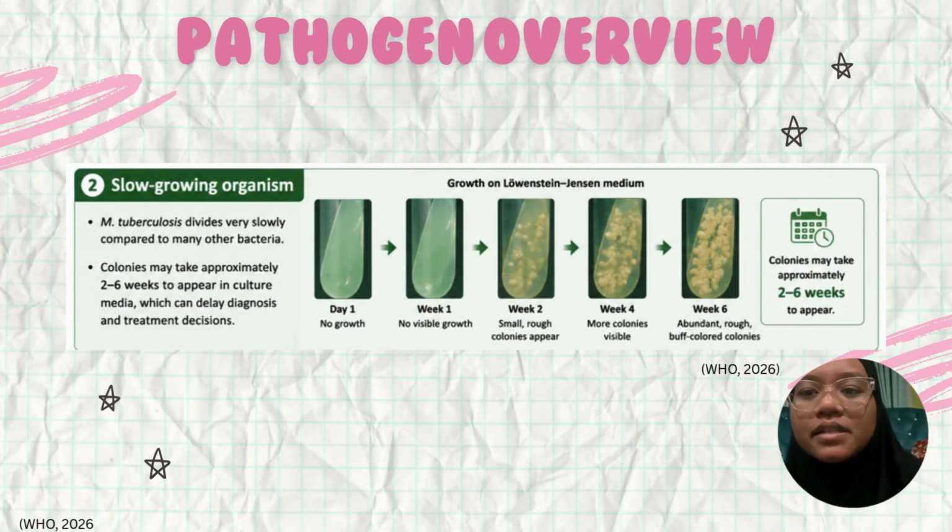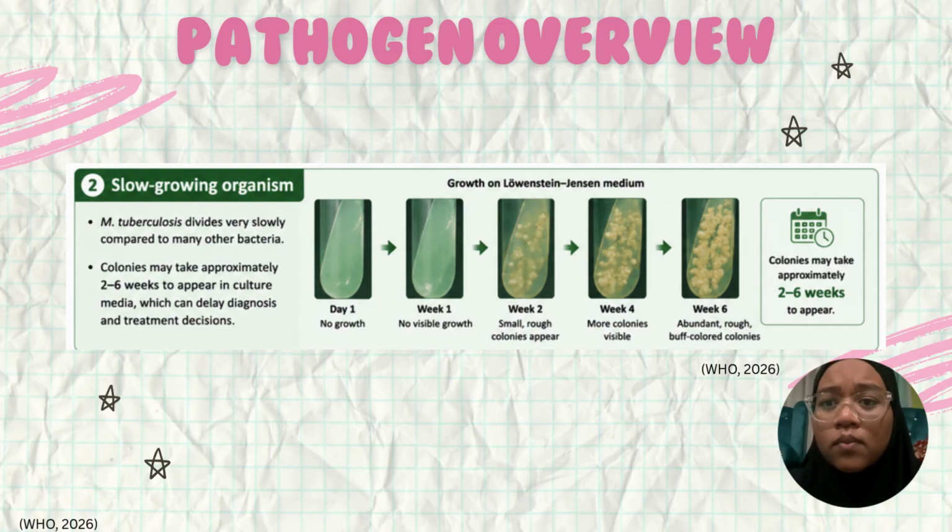The second characteristic is its exceptionally slow growth rate. Unlike most bacteria that multiply rapidly, TB bacteria divide very slowly, taking about 15 to 20 hours for a single cell division. Consequently, confirmative culture testing requires a long incubation period, which typically takes 2 to 6 weeks.